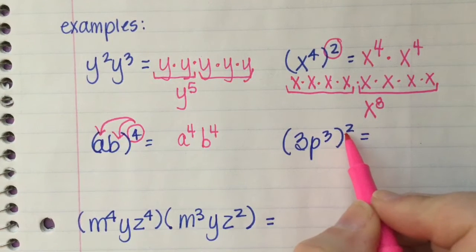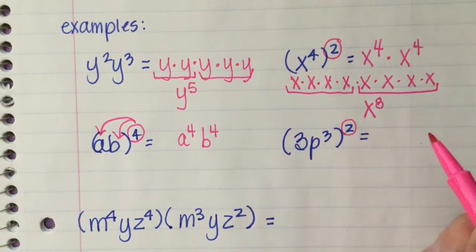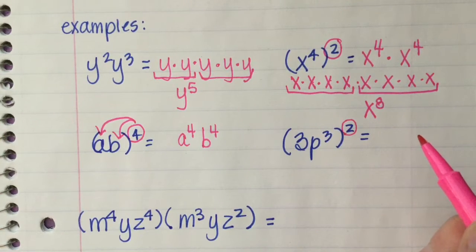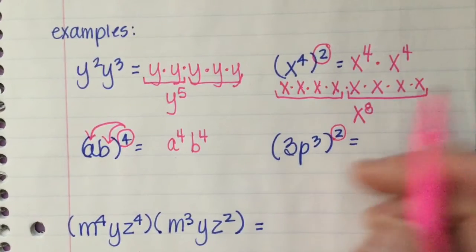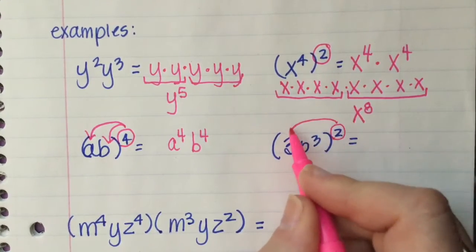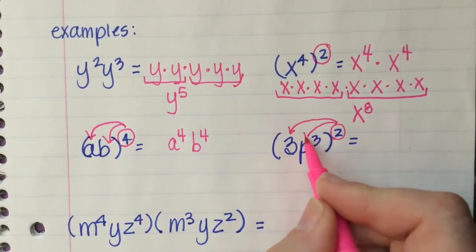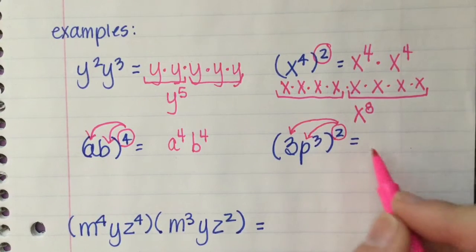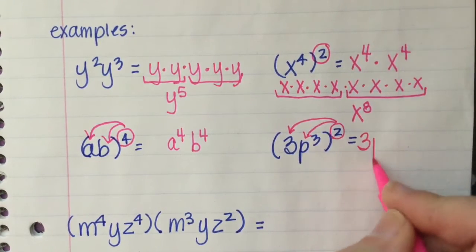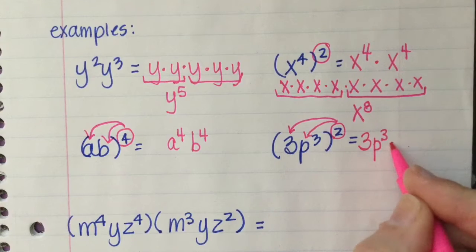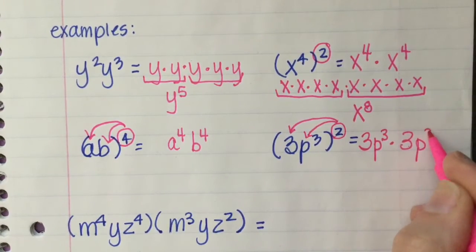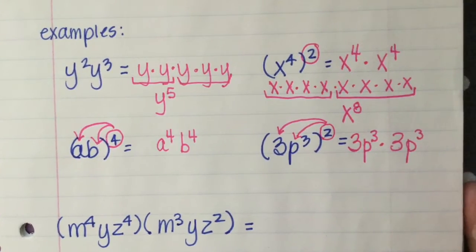Again, I want to do the same thing with this squared. So that means that everything inside there is going to get squared. So I'm going to apply that to the 3 and to the p. Both of those are bases. What I could do is write this out as 3p cubed times 3p cubed, meaning I have 2 of them, right?